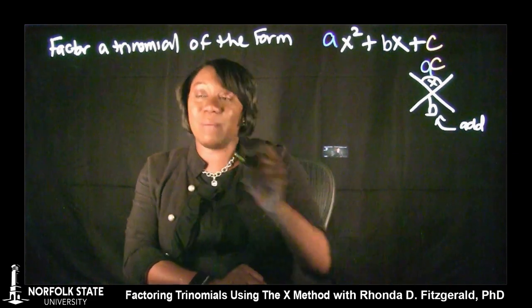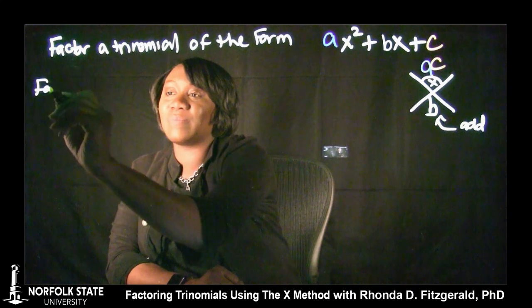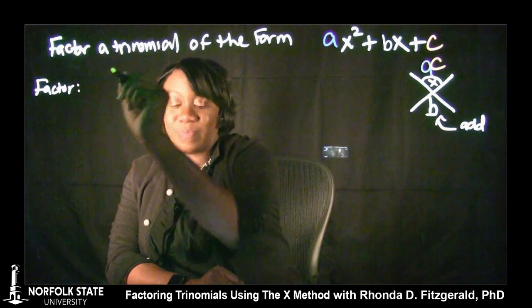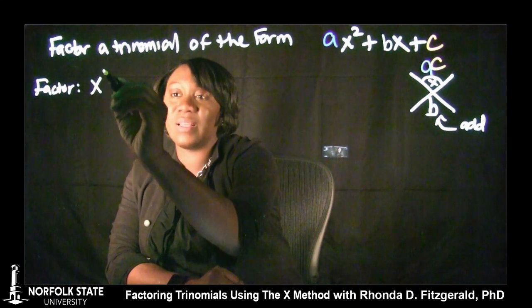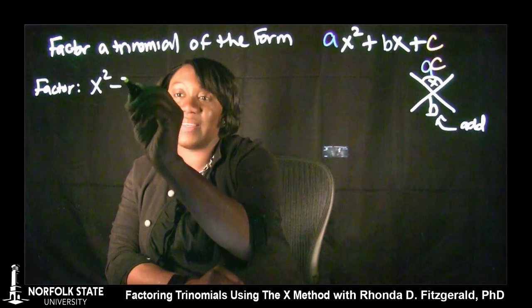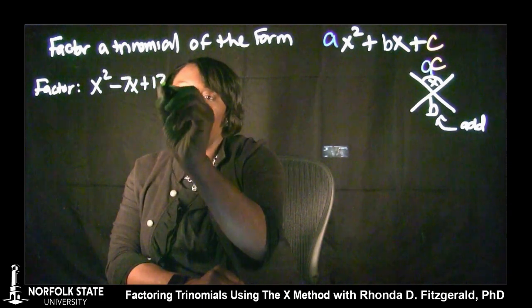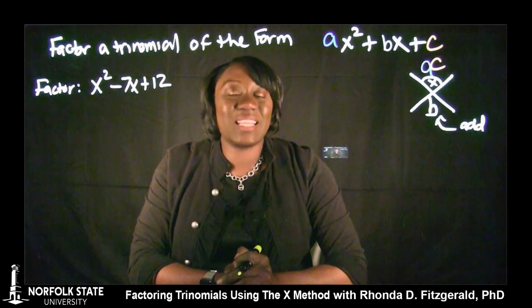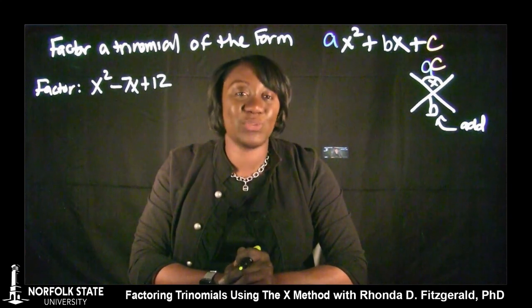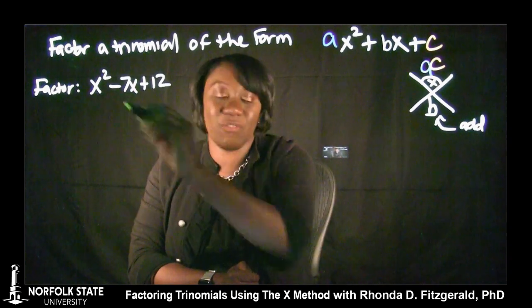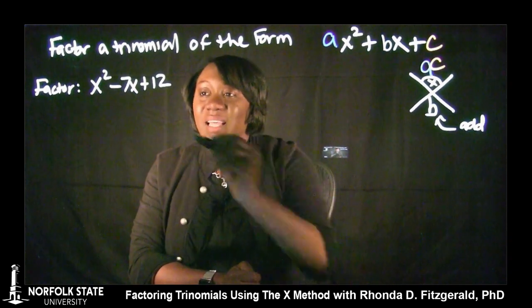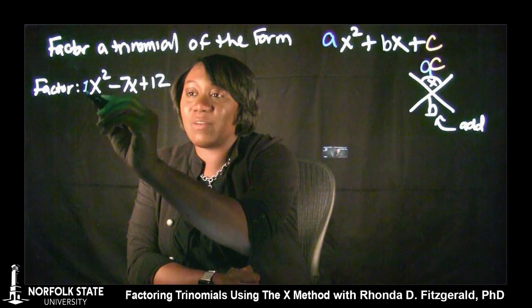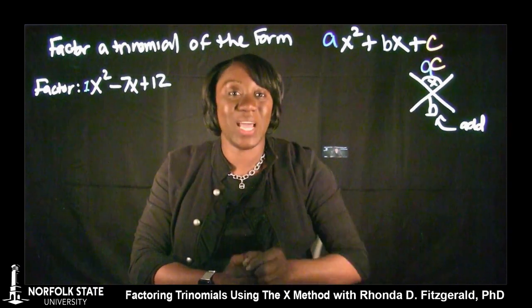So our first example, we want to factor x squared minus 7x plus 12 using this X method. When the leading coefficient is 1, so the first two examples we'll see, my leading coefficient will be 1. That is, there really is nothing there, but remember there's an imaginary 1 there.